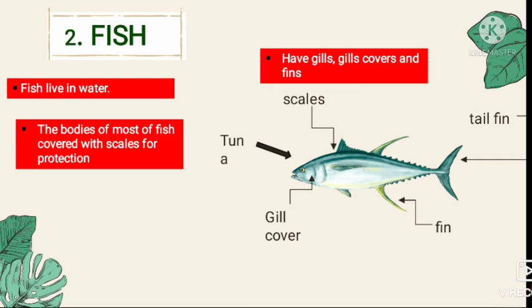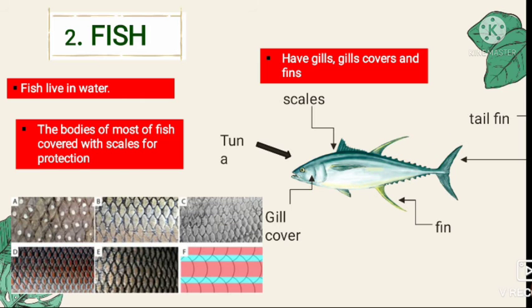And then the body of most fish is covered with scales in order to protect their body. So this is the scale, guys. The scales might have different types or different shapes, but we call it scale. Okay, so it's this thing in fish. They have scales all over their body.